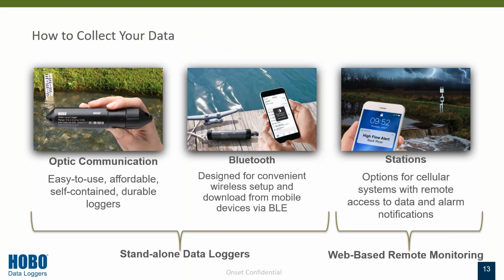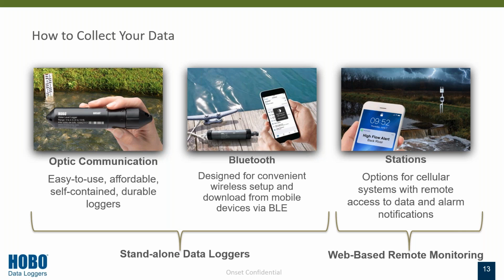And we do have, as I mentioned, a few different ways of collecting your data. Currently, we have two ways of collecting that, either by using standalone data loggers or our web-based stations.